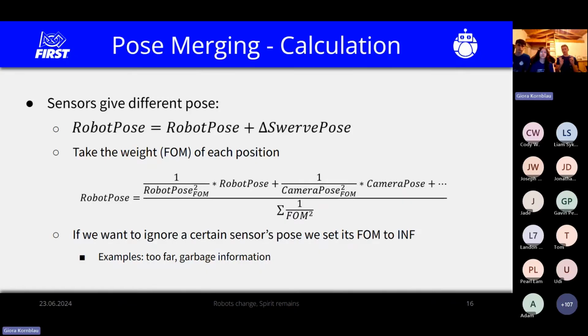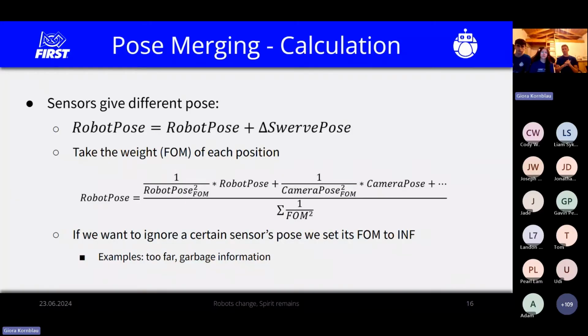That's actually the robot pose in quotation marks, because we take the FOM from the camera, the FOM from the swerve, and other sensors, and take a weighted average of those positions. The coefficients of each pose, as you can see, are 1 over the FOM of each sensor squared. Why squared? Well, it's sort of heuristic, and we saw it produces better results for the position.